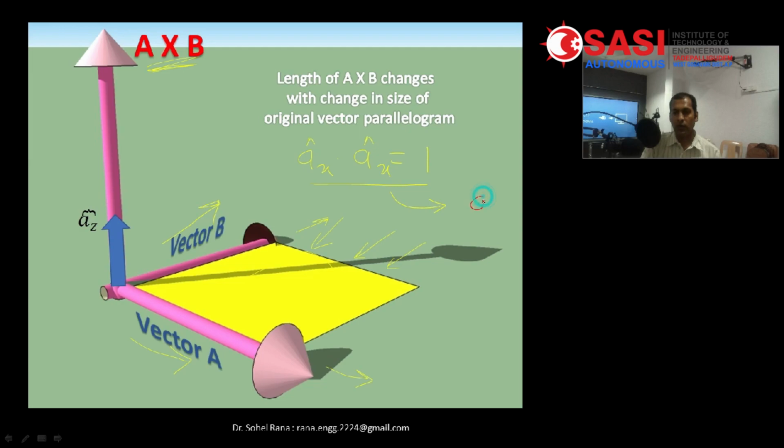So if we take ax cap cross ax cap, the result will be 0. This difference we have to remember.